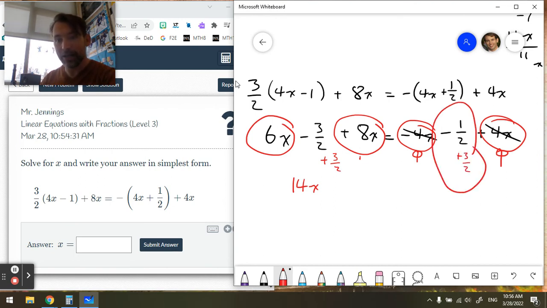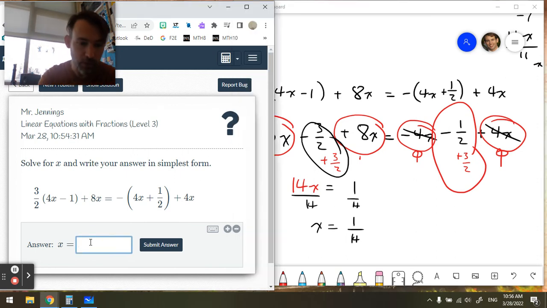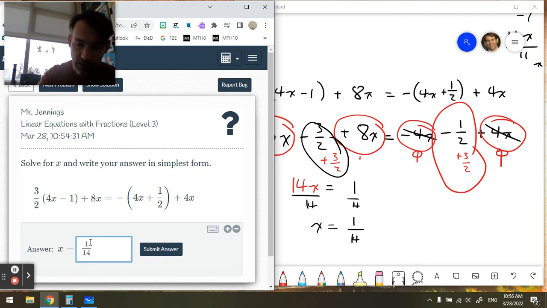And these will collect to 1. So I have 14x is equal to, because this goes to 0, I just have 14x on that side, is equal to negative a half plus 3 halves. So negative 1 plus 3 is 2, so that's equal to 1. And so I have x is equal to 1 over 14 when I divide everything by 14. So this is 1 over 14.